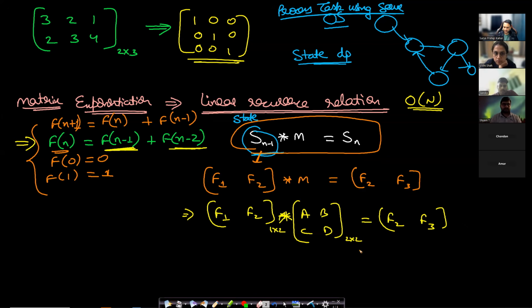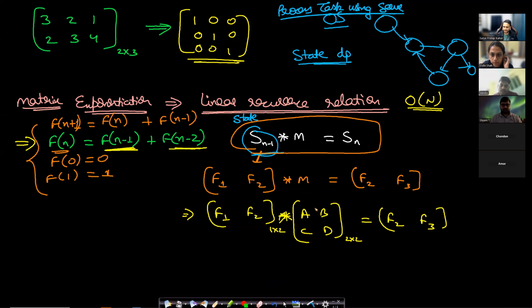Now, if you think about reducing these two into a single matrix, I should do that to compare these two. Then can you tell me, after multiplication, what will be the dimension of the resultant matrix here so that I can compare with this matrix? It will be 1 cross 2, right?